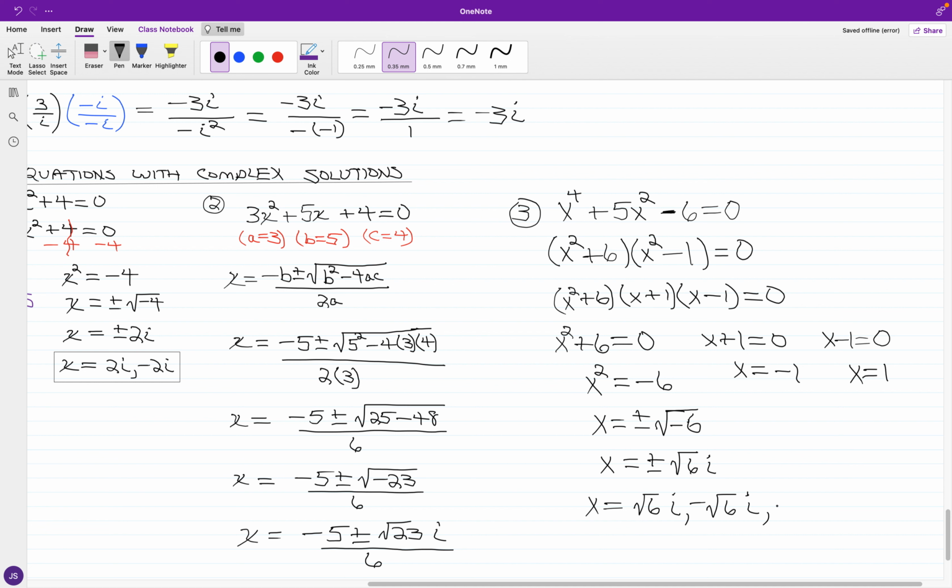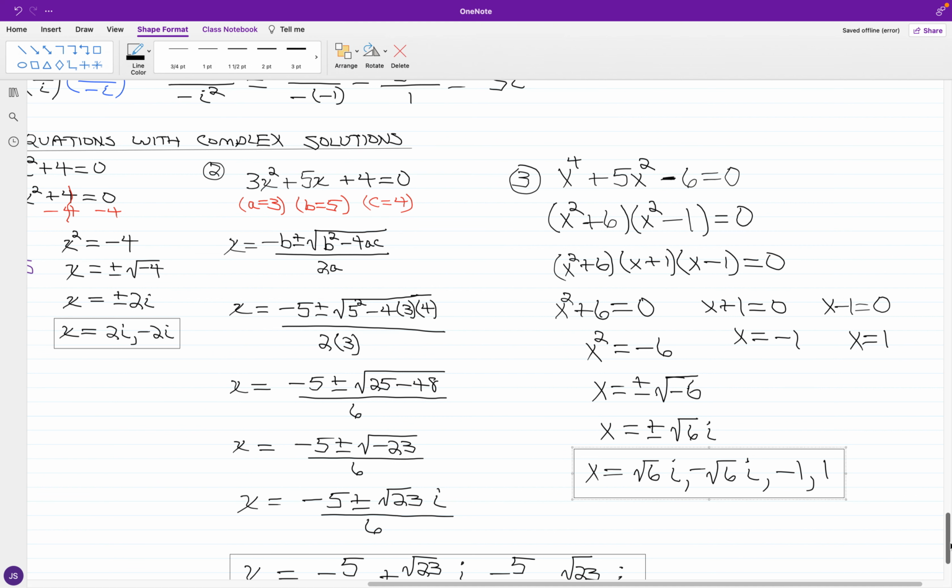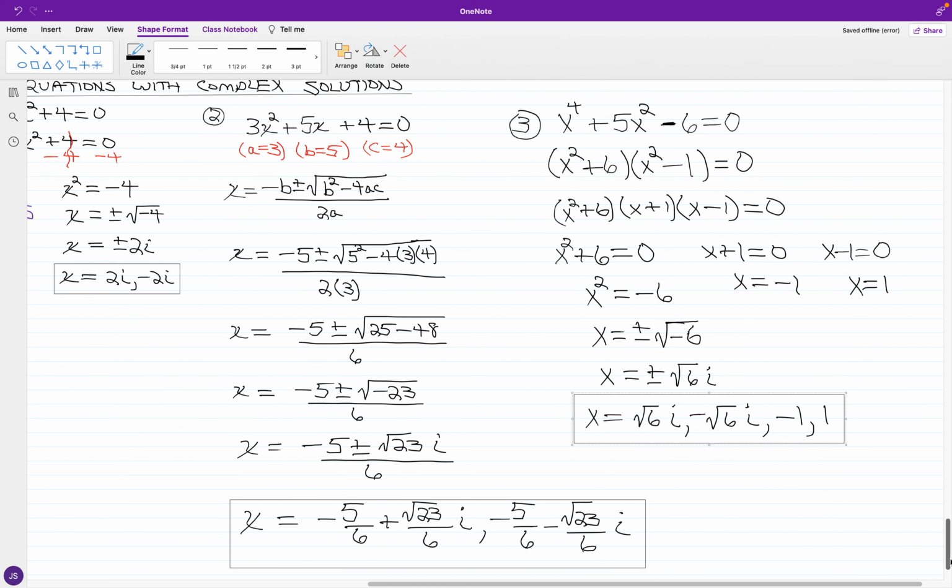Okay, so for what we have in the mix, we have a couple of complex numbers and a couple of real values. So some equations you might have exclusively real values, and like in the first two examples, you might have exclusively complex roots, but like in this last example, we're going to have a mix of real and complex values.